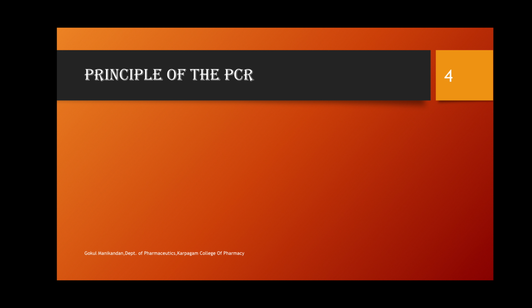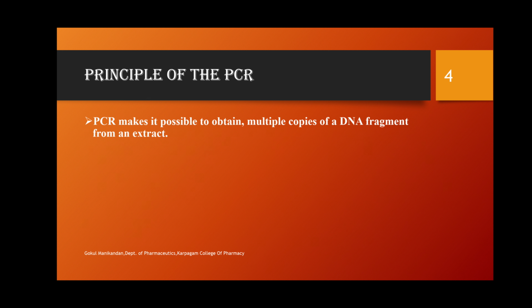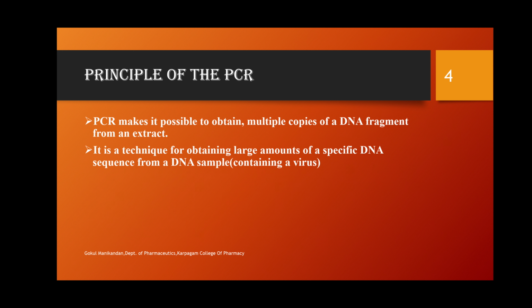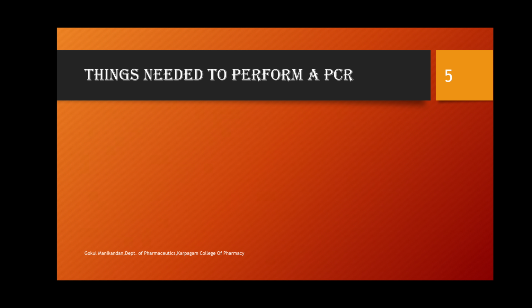So, the next one is the principle of PCR. PCR makes it possible to obtain multiple copies of a DNA fragment from the extract. It is a technique for obtaining a large amount of a specific DNA sequence from a DNA sample.